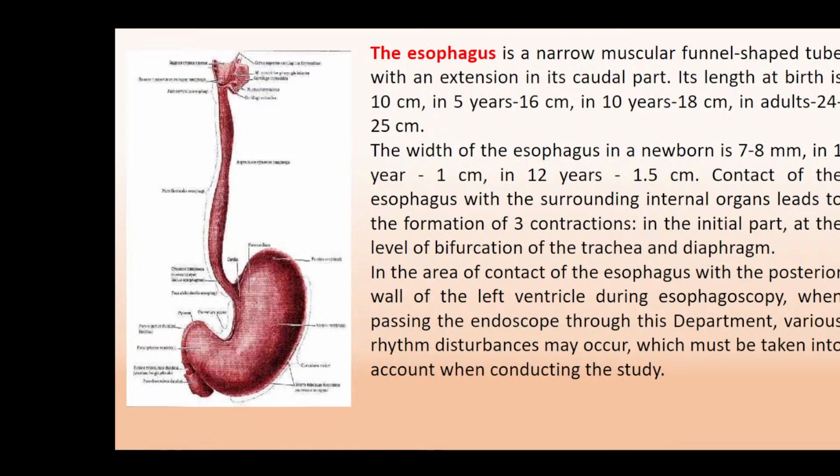Contact of esophagus with surrounding internal organs leads to formation of 3 constrictions: in the initial part, at the level of bifurcation of trachea, and in the diaphragm. You can see this constriction here, here, and here.